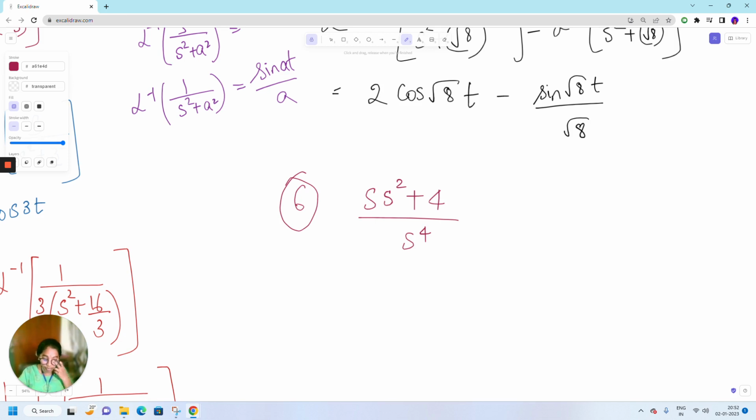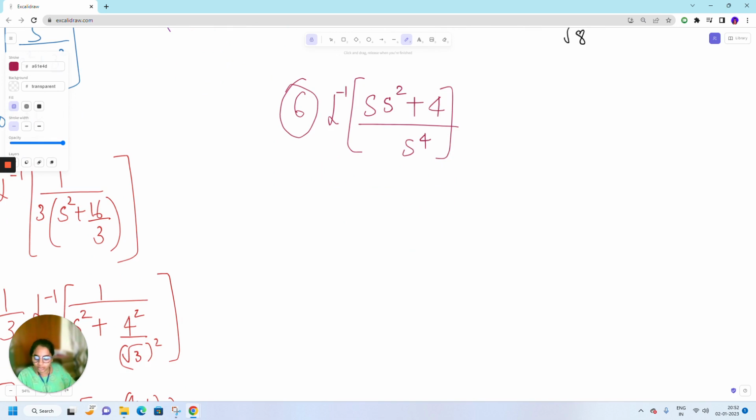Whenever I have two terms in the numerator, what should I do? I should divide it with each term. So the Laplace inverse of this, right? The question is 3s square. This is not s square, it is 3s square.